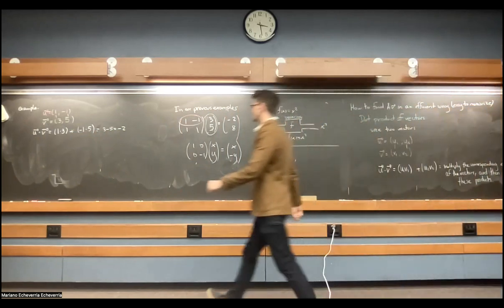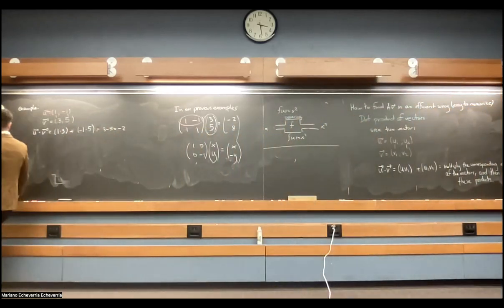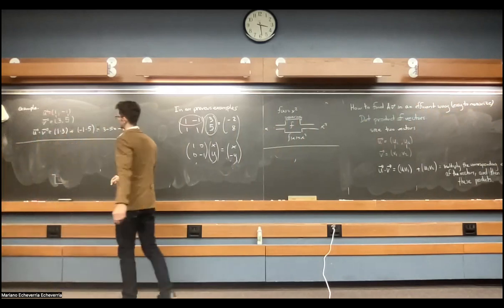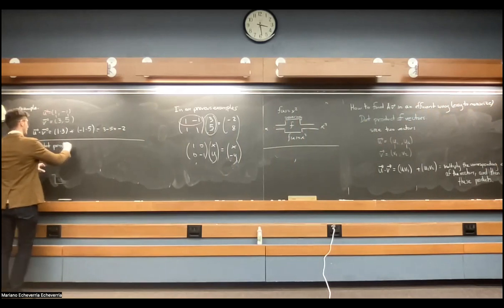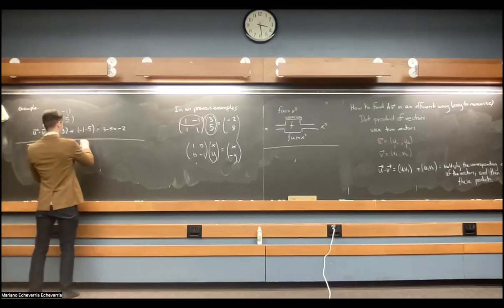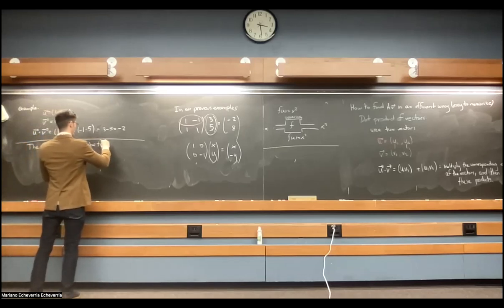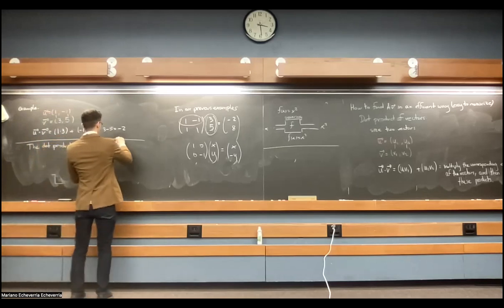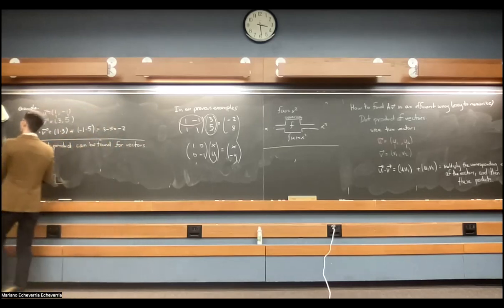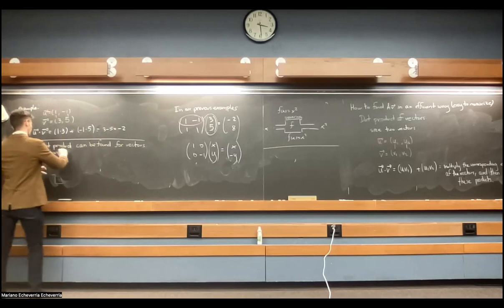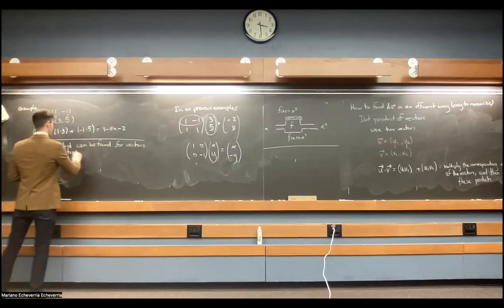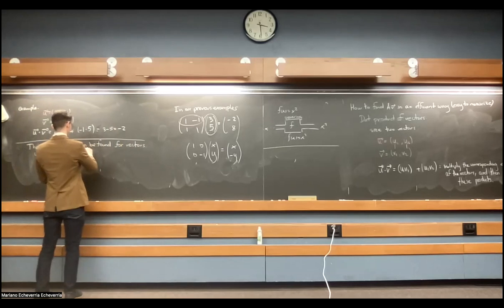So the formula for the dot product can be defined for vectors with more entries, provided they have the same size, as long as they have the same number of entries.